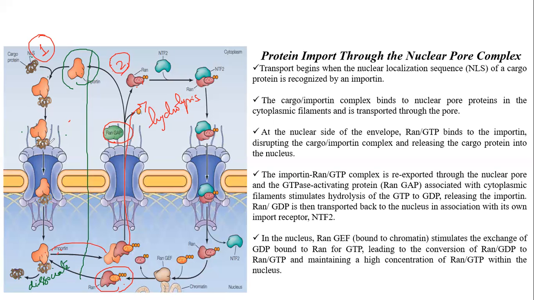Now I have to bring RAN GDP inside, for which it binds to another protein called NTF2. This NTF2 binds to the RAN GDP and they are brought inside together. Now my RAN GDP, with the help of the GEF, gets exchanged to GTP and then again that cycle will continue.